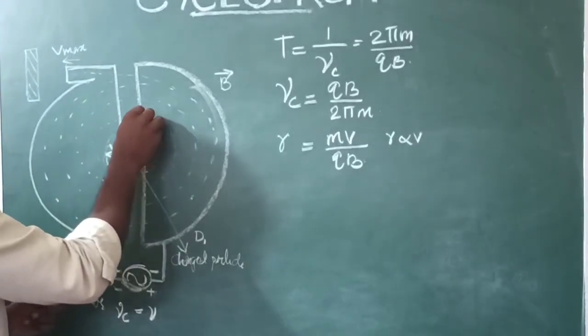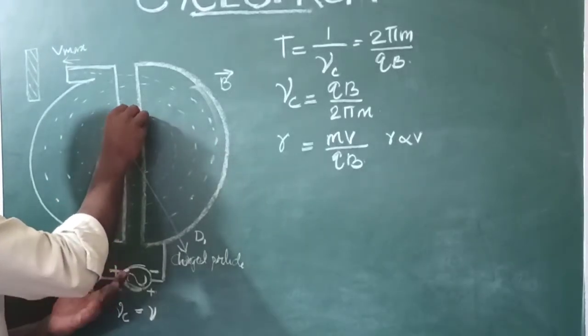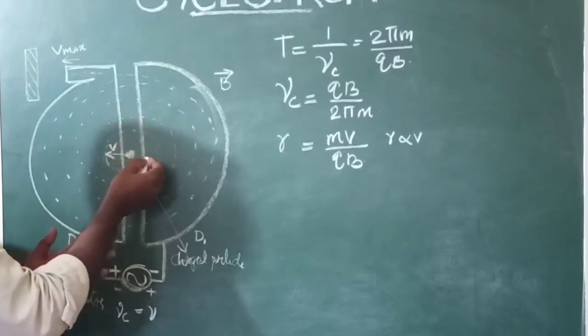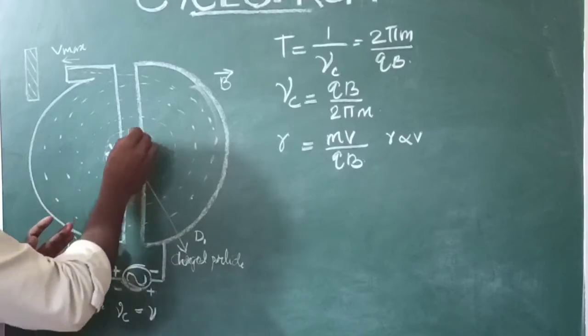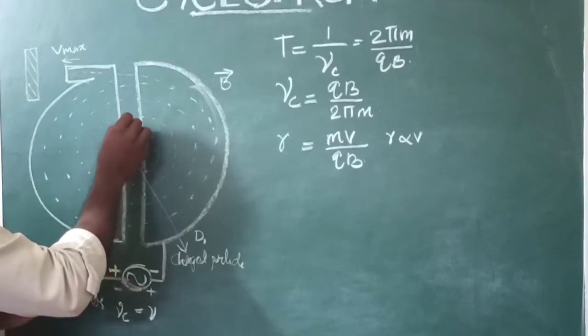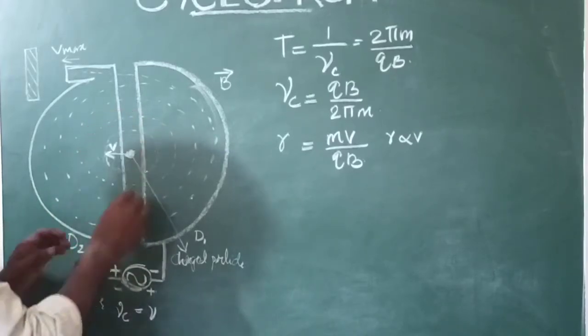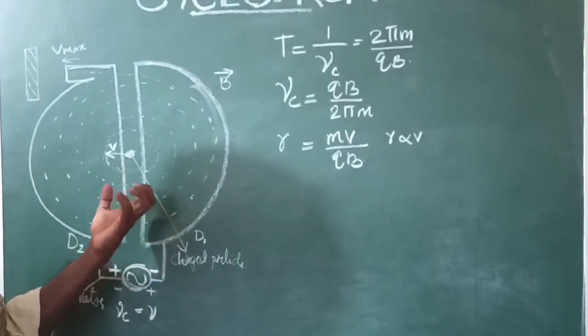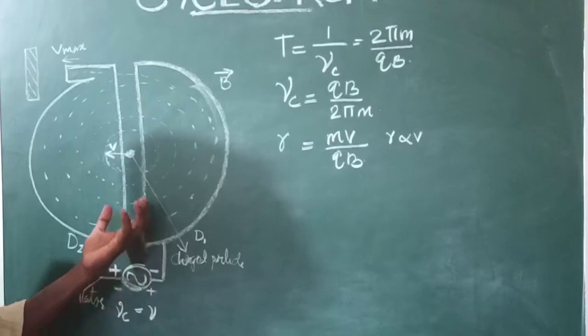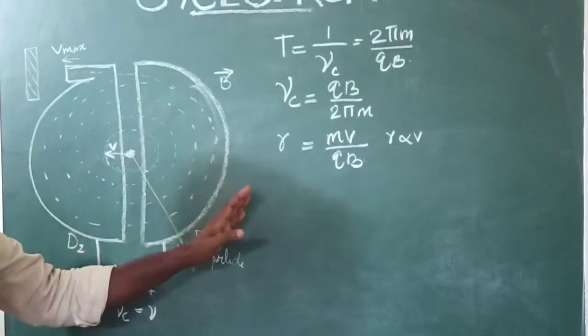A force is exerted on the particle, so it accelerates as it enters D2. That means the speed of the particle will be higher than before.